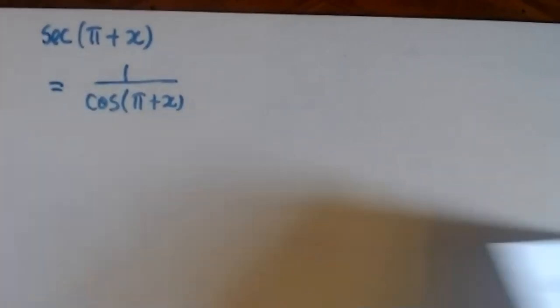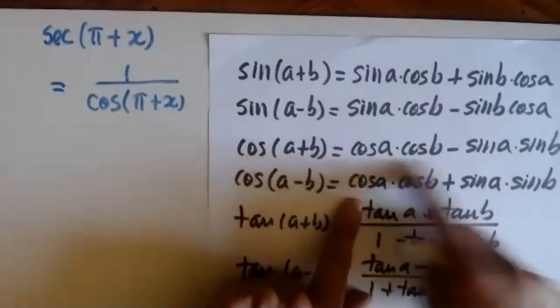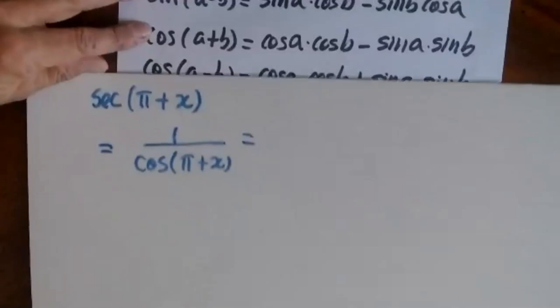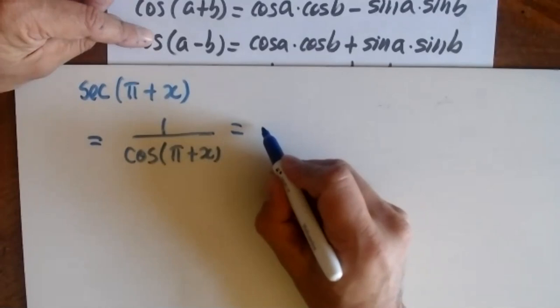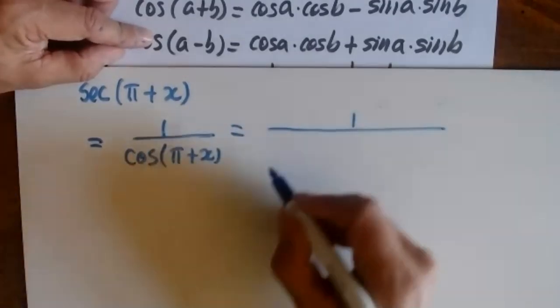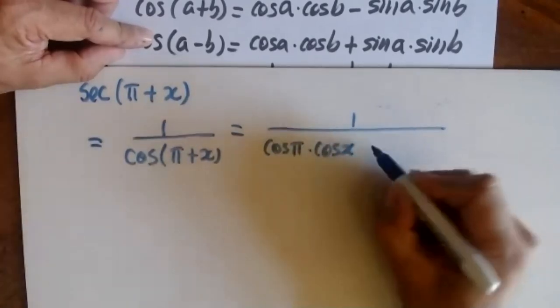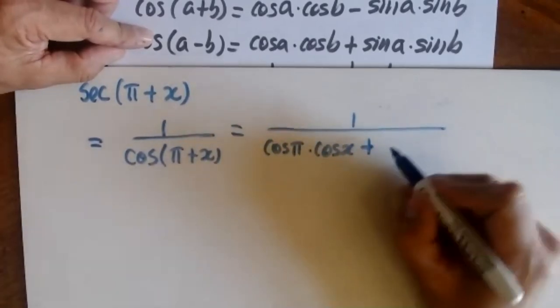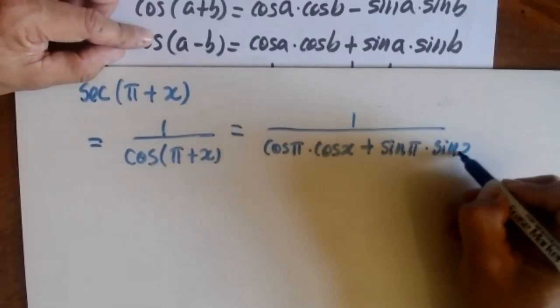Now, for this one, I'm going to use the formula for the cosine. So I'm going to put all this under the 1. So this is going to be 1 over cosine of pi times cosine of x plus sine of pi times sine of x.